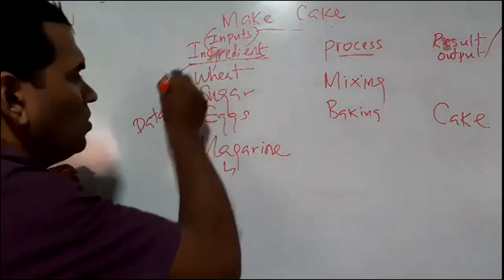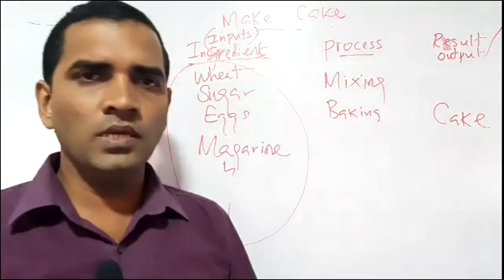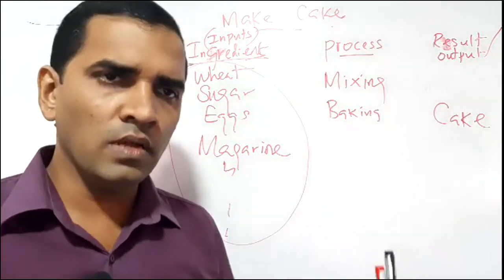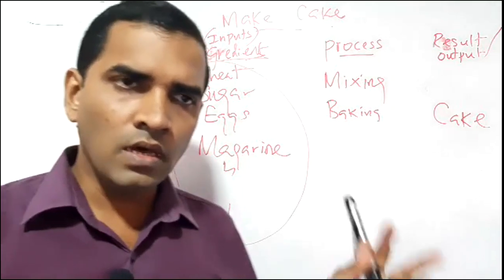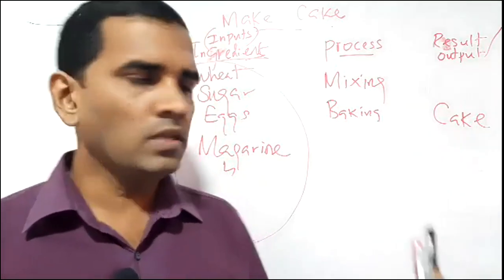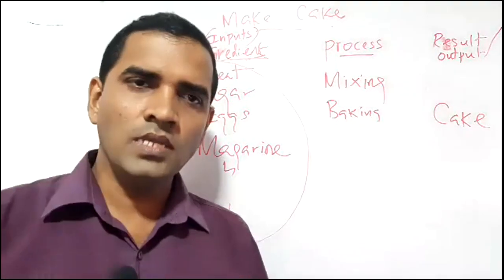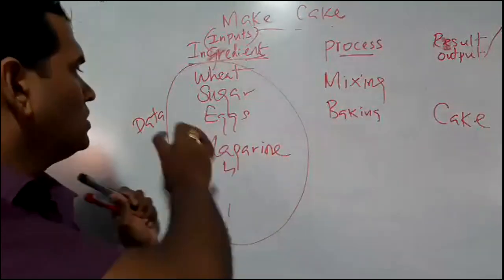Have you understood? All of these are data because they are not involved in any processes. They are existing in their normal status. So we can say that they are raw materials. So definitely they are data because according to the definition, data means unprocessed things.